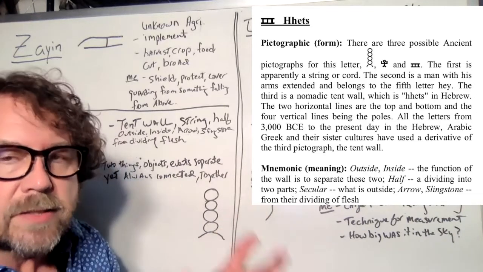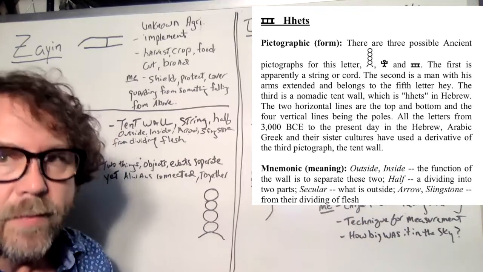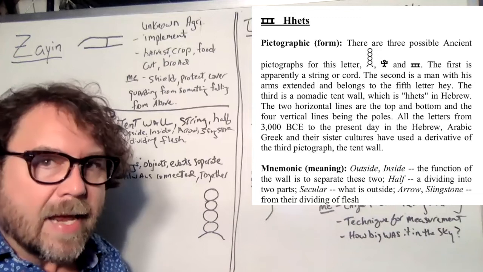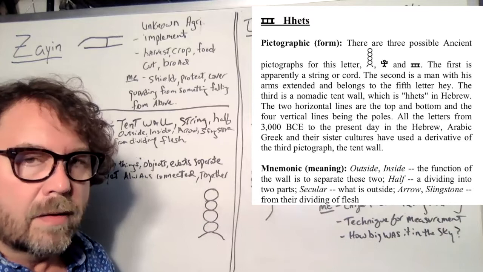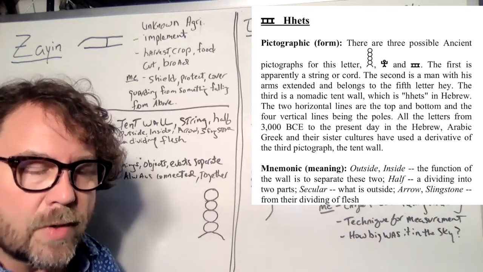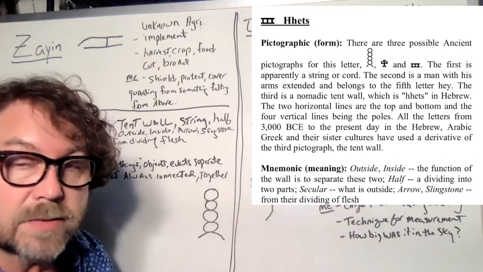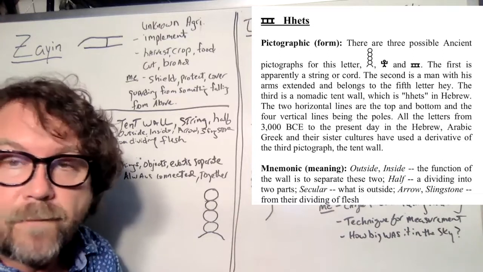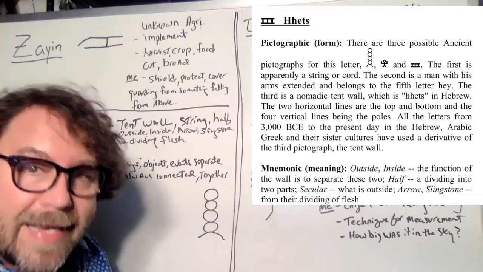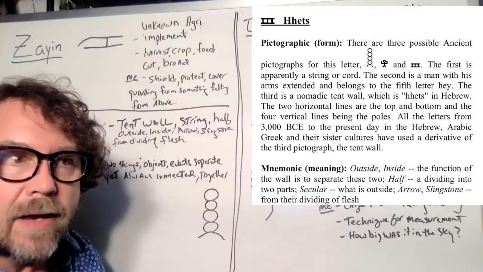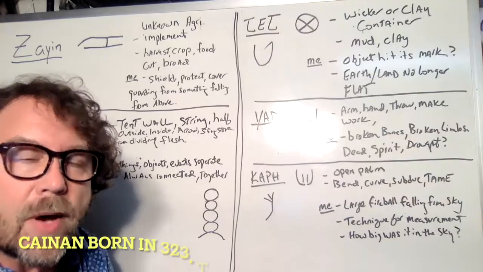Now remember, the gestational period is only 9 months. So it is conceivable that Canaan was conceived early in the year of 323, even maybe just before the spring, maybe before Passover, and that he was born at the end of the year 323 instead of 324. So I'm just going to go with that.